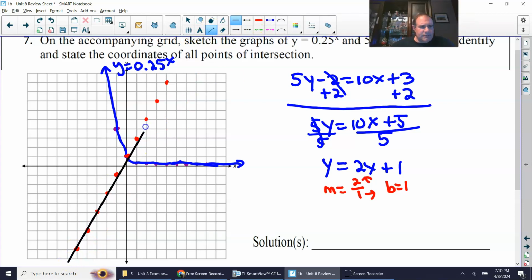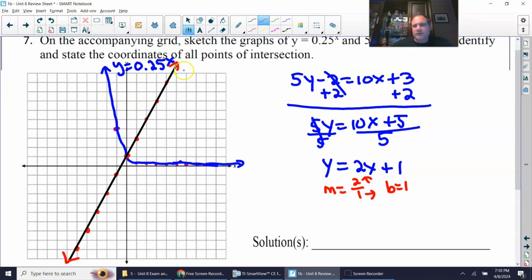At this point, you are going to grab your ruler, put arrows on the ends of each of the lines. So this is y equals 2x plus 1.